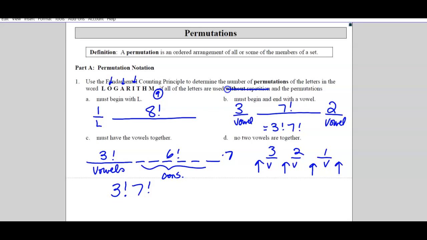So, and then think about how many letters are left. We have 6 that we need to put in between, arrange for that. So that's 3 times 2 times 1, and then we have 6 that we have to arrange. Oh, you haven't learned permutation.